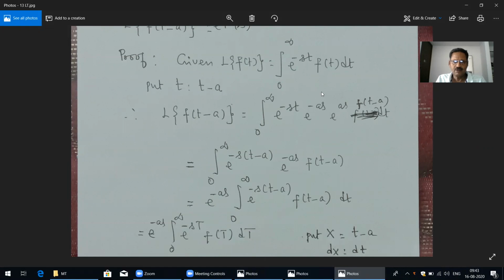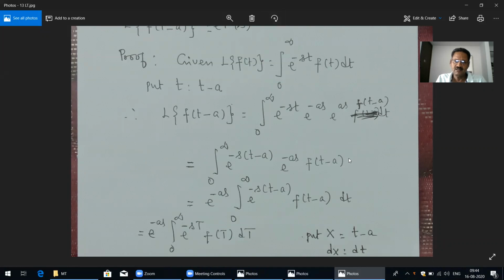Just combine the first terms and the last terms. First combine e power minus st with e power as. We combine these values, so now we are getting e power minus s of t minus a, and then e power minus as into f of t minus a into dt.